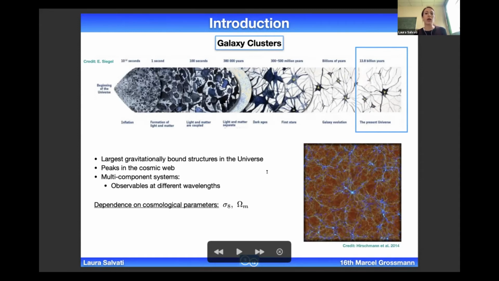They show a strong dependence on some cosmological parameters, in particular the parameters that describe the matter content and distribution in the latest universe, so sigma-8 and omega-m. One very important characteristic of galaxy clusters is that they provide observables along the entire electromagnetic spectrum. So it's really important to have a multi-wavelength analysis for a cosmological analysis of galaxy clusters.